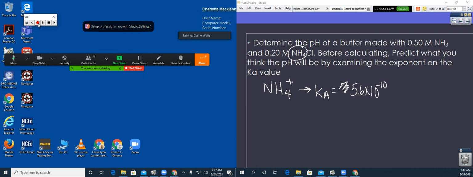So it's going to be the absolute value of 10, which is minus 0.56. We can just estimate 0.6. So it's going to be 10 minus 0.6, which should be about 9.4. That's our estimate, because it's pretty close to the pKa.